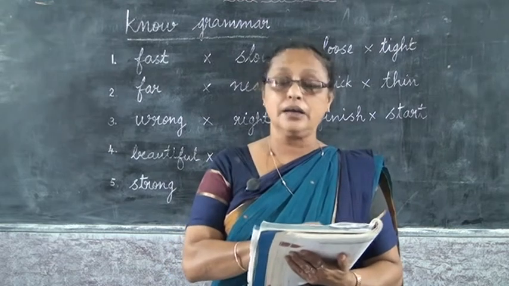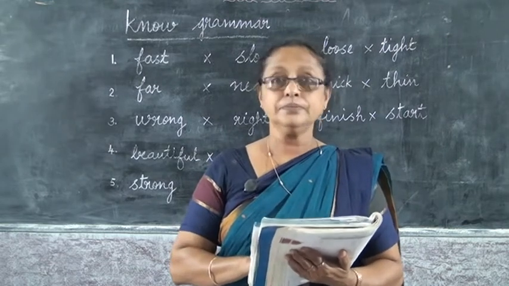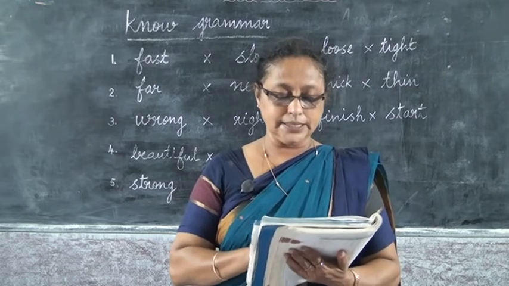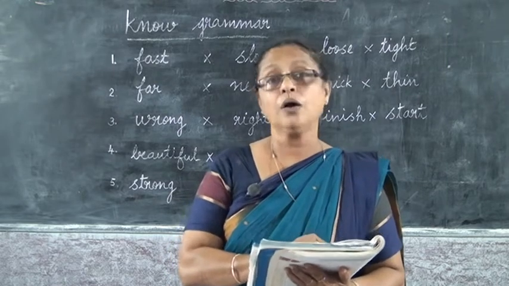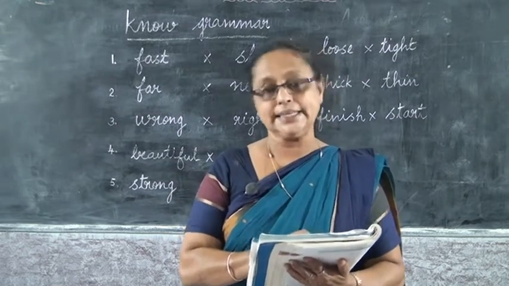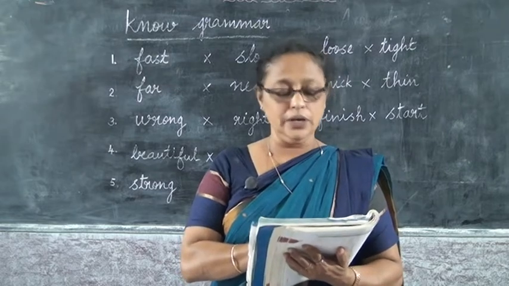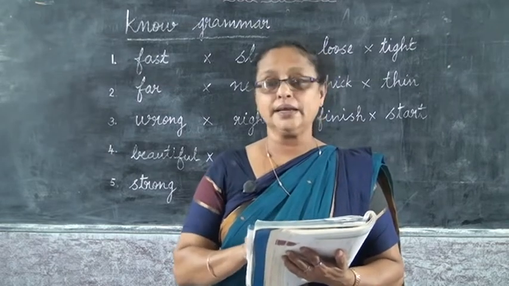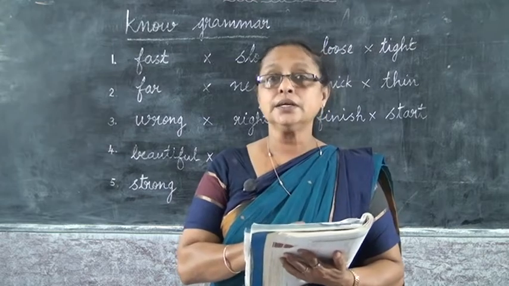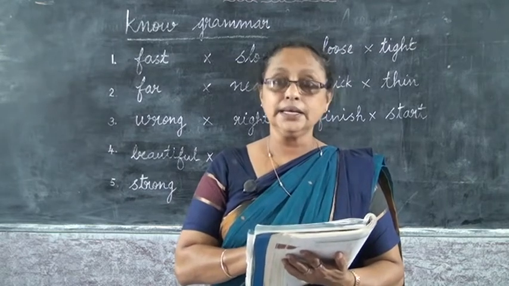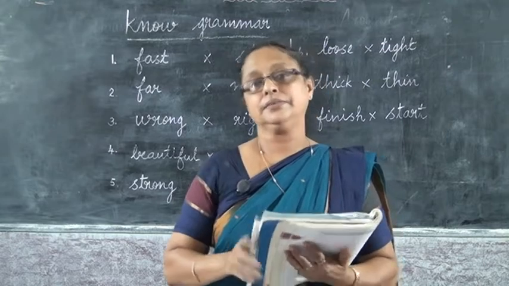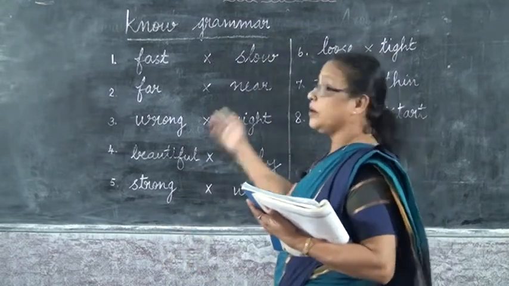Next is far. Far, opposite near. Next is wrong. Wrong, opposite right. Next, beautiful, ugly. Strong, weak. Loose, tight. Thick, thin. Finish, start. I have written it on the board.